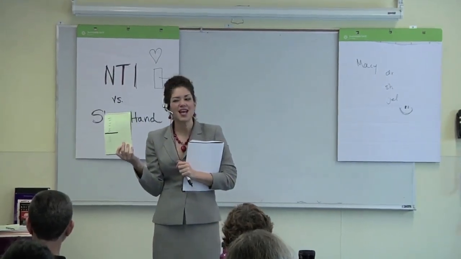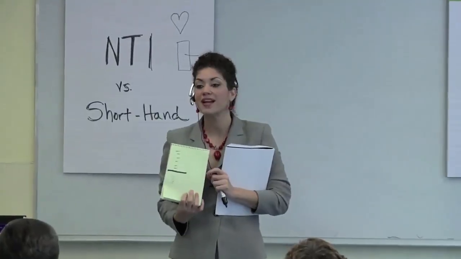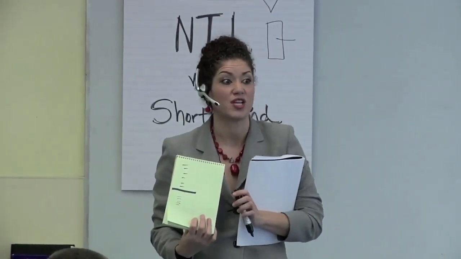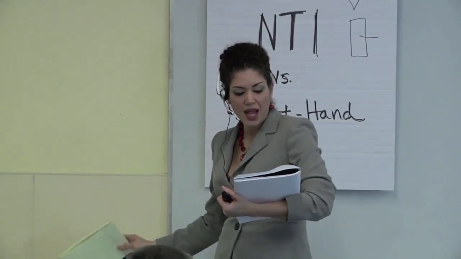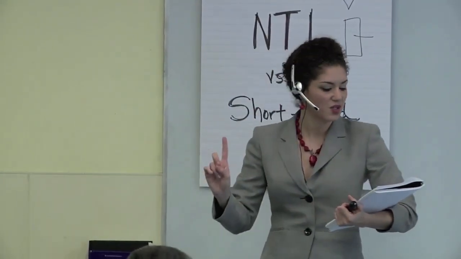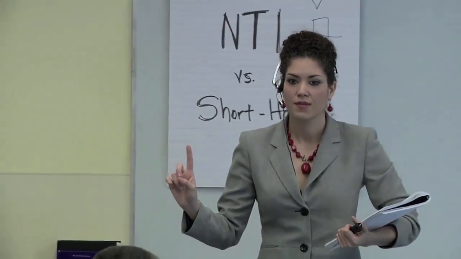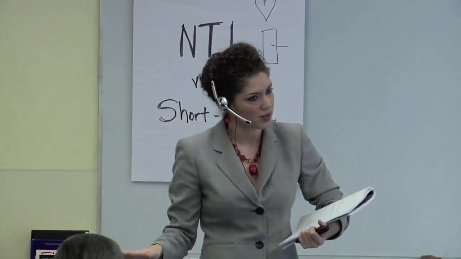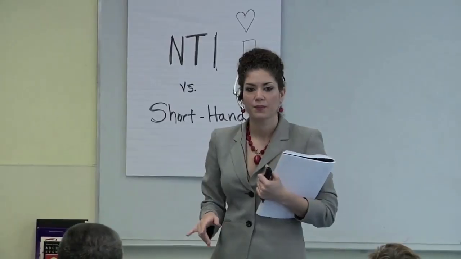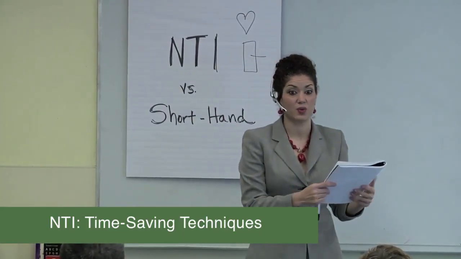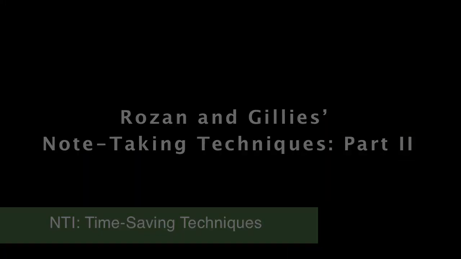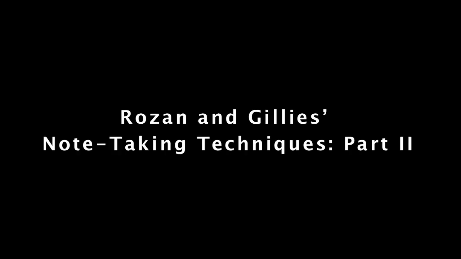And there's a bunch of techniques that we're going to get into that, if you're writing horizontal, you're not going to be able to use. So I want you writing vertically, okay? And shorthand, the last difference is what? There are no time-saving techniques in shorthand, but in note-taking, you have a bunch of time-saving techniques that we're going to go into, okay? So is everybody ready to start with the first technique?